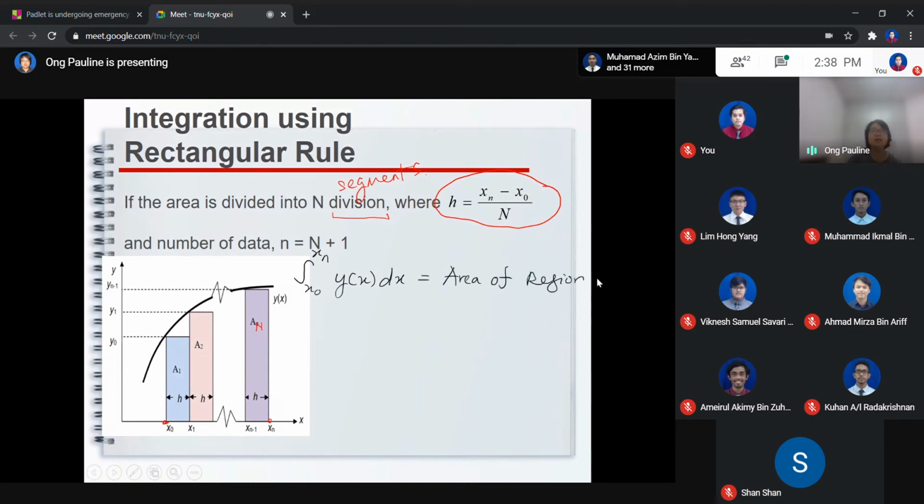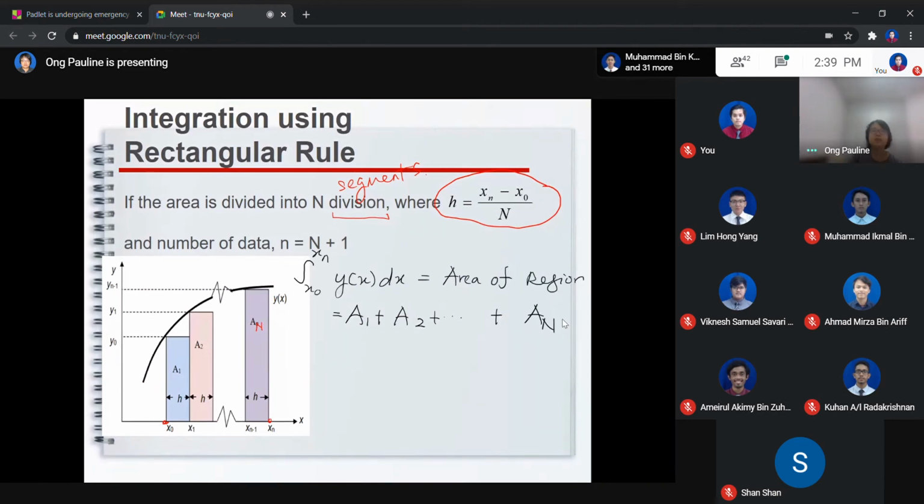Now we already decided to find the area of the region by using n rectangles. So now let us sum up the area of these n rectangles. So I will have the area of the first rectangle summed up with the second rectangle until the n-th rectangle here.